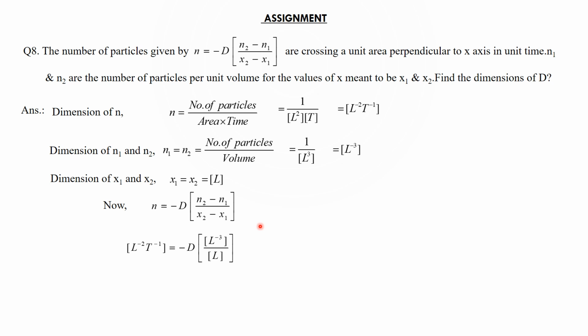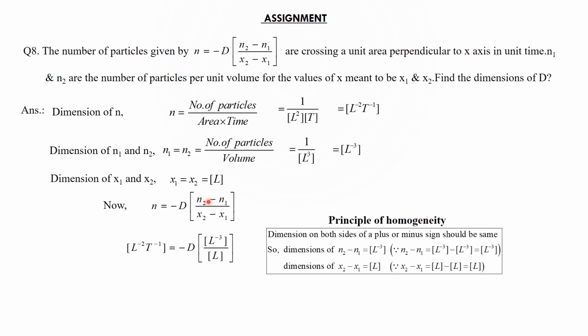Okay, n2 minus n1, as I've told you, principle of homogeneity. What was there? The dimension on both sides of a plus or minus sign should be the same. So n2 minus n1 should be L to the power of minus 3. As I have discussed, L to the power of minus 3 minus L to the power of minus 3 is L to the power of minus 3, not 0 or anything.